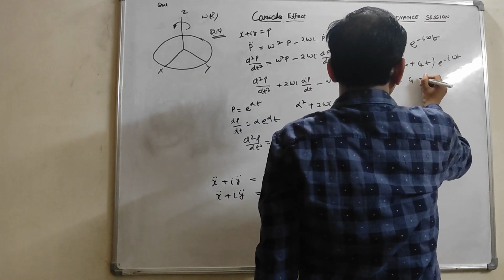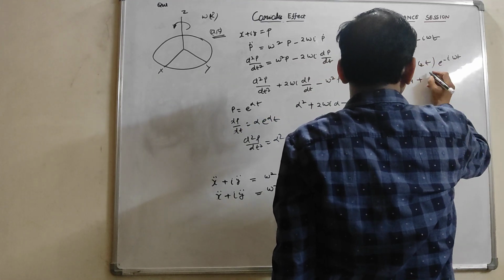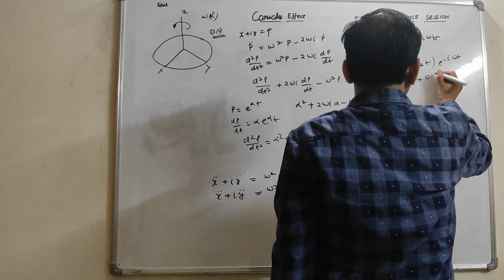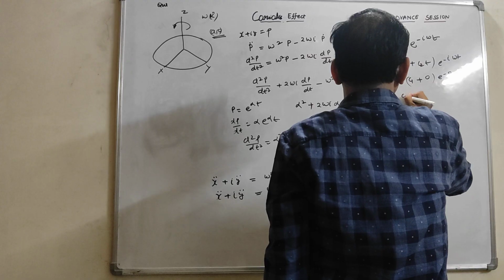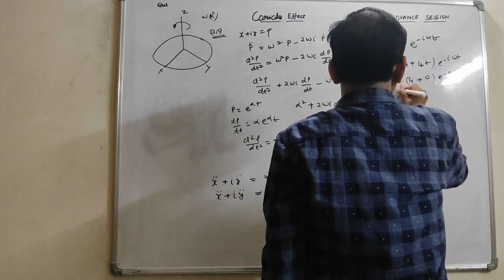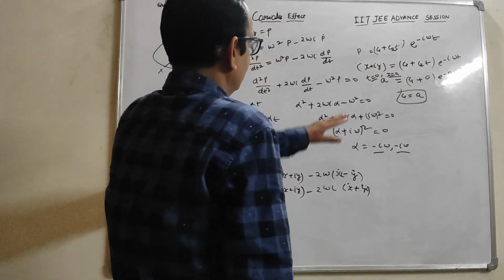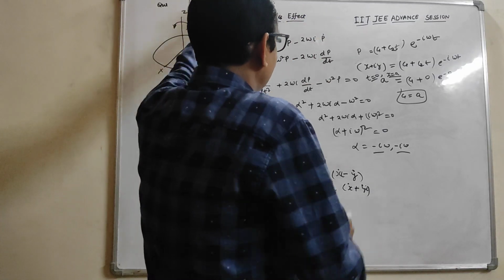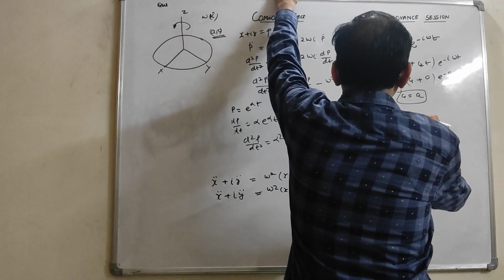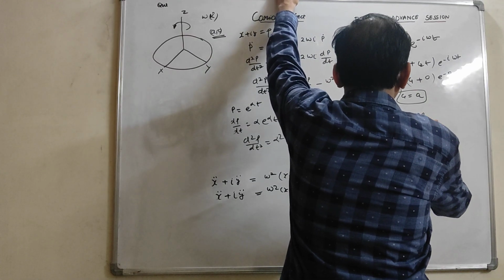So a is equal to c1 plus this term becomes 0, since t is equal to 0 and e raised to power 0 is 1. So this constant c1 becomes a. And we differentiate dp over dt.